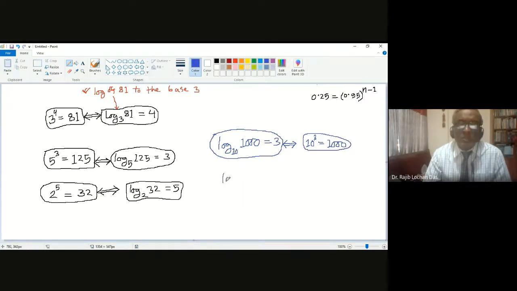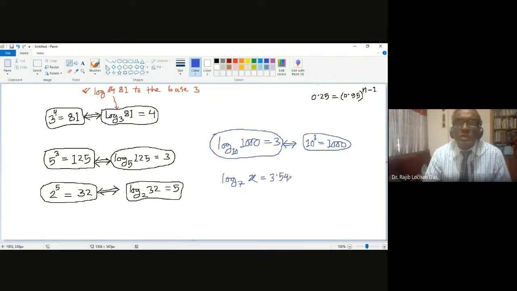In this way, you can write many other examples. Say I'm writing log of x to the base 7 equal to 3.54.